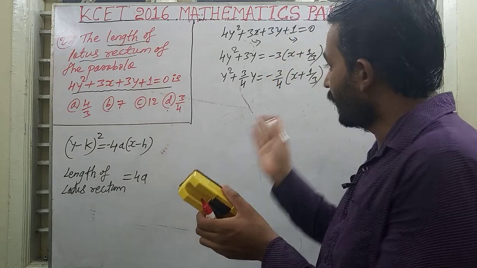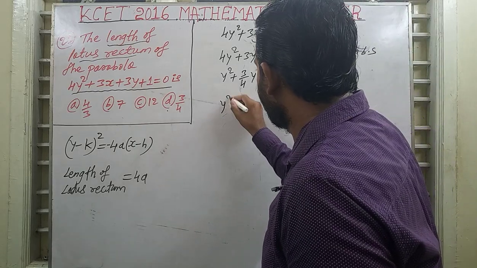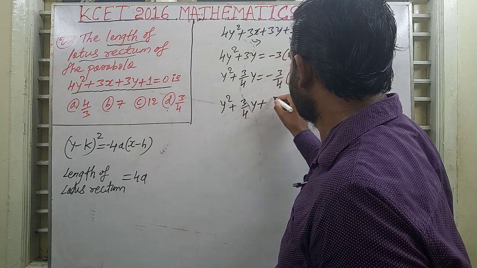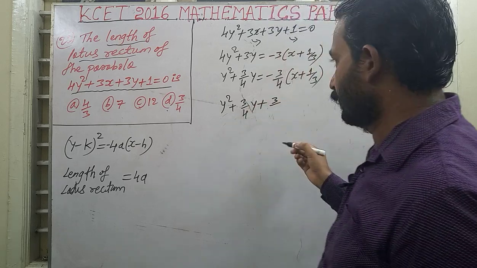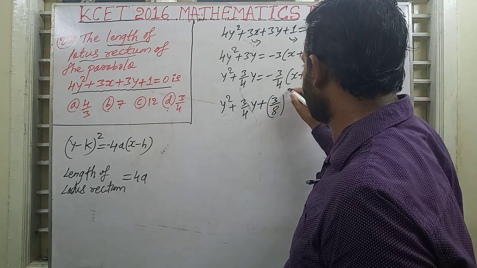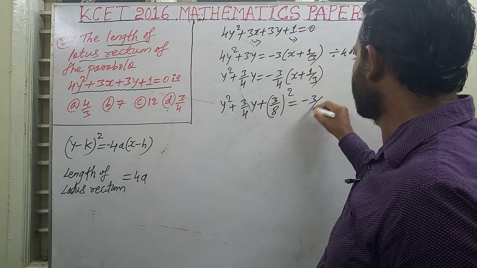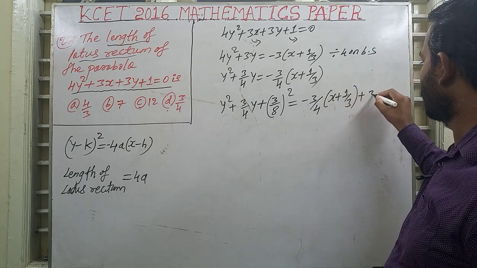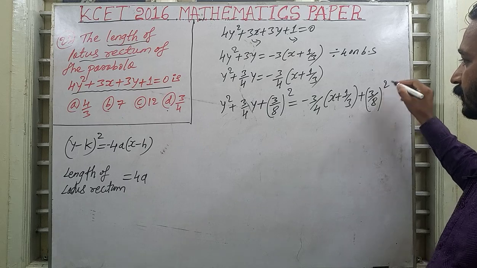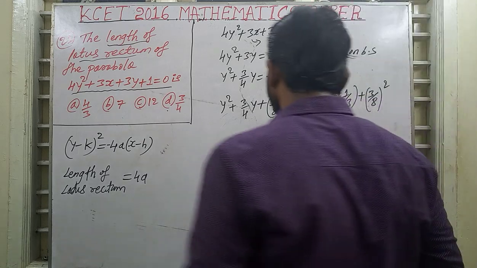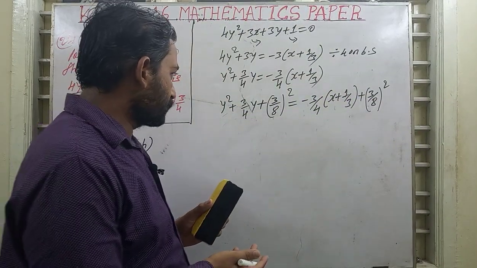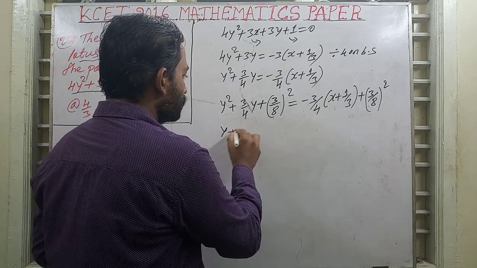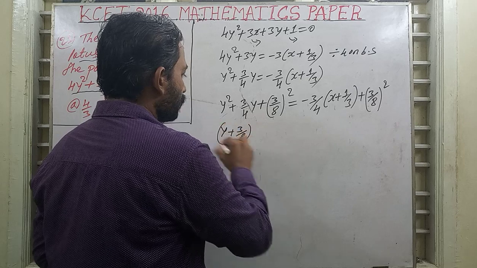Add (3 by 8) whole square on both sides: y square plus 3 by 4 y plus (3 by 8) whole square is equal to minus 3 by 4 into (x plus 1 by 3) plus (3 by 8) whole square. In this case, the left hand side can be written as (a plus b) whole square form, so (y plus 3 by 8) whole square.